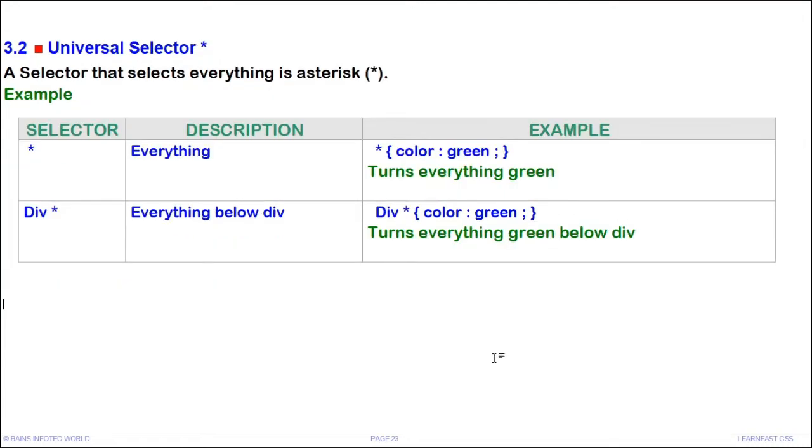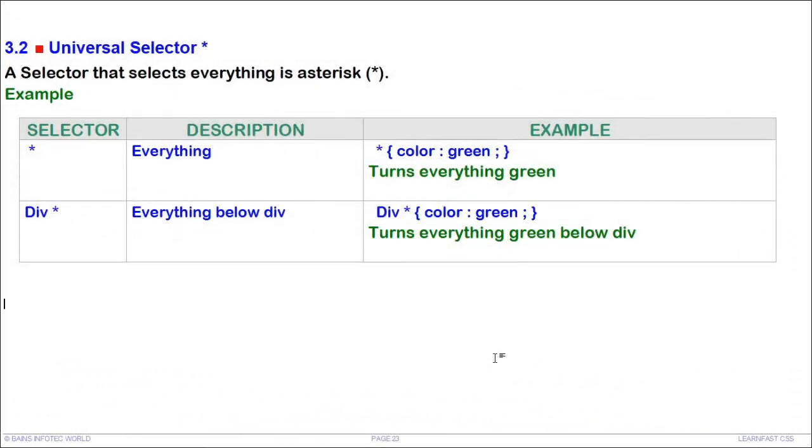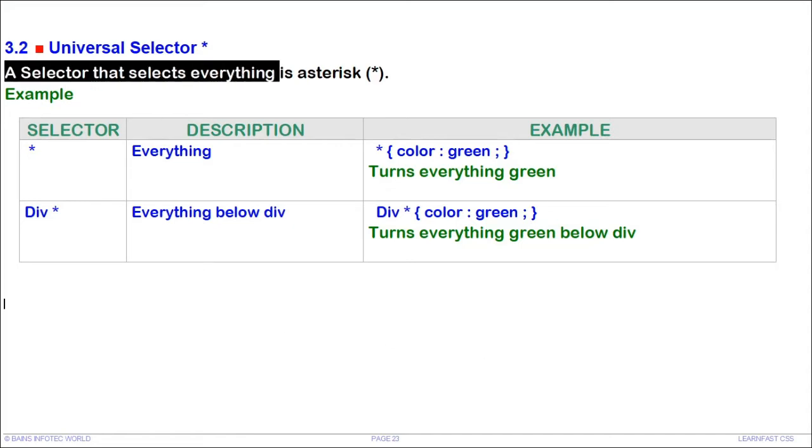Moving on to the next section, we have the universal selector. Section 3.2, the universal selector is a star or asterisk, and that means when that is used as a selector in your CSS sheet, it will select everything that matches. So a selector that selects everything is asterisk.